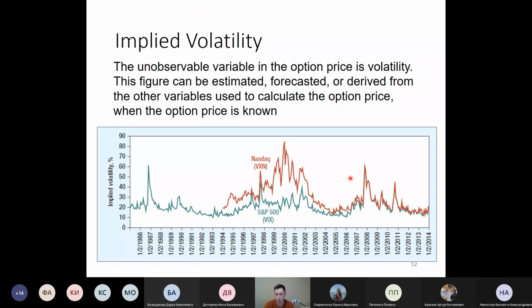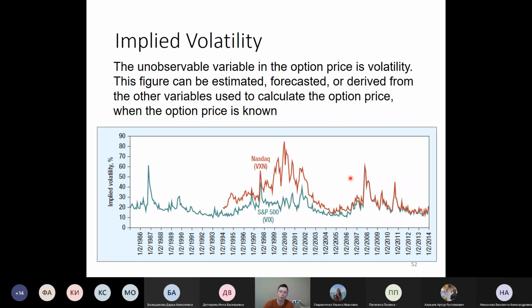As we know that the options depend on the volatility, this idea leads to the use of volatility indexes, using the option valuation in order to estimate the risk of the market.